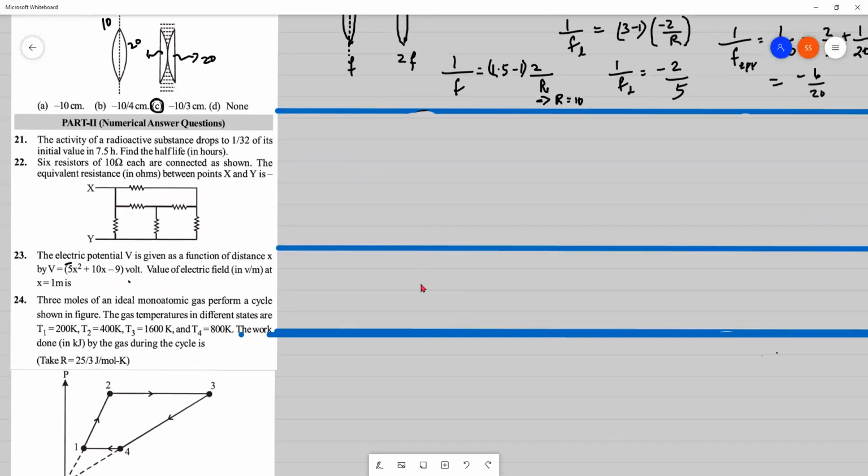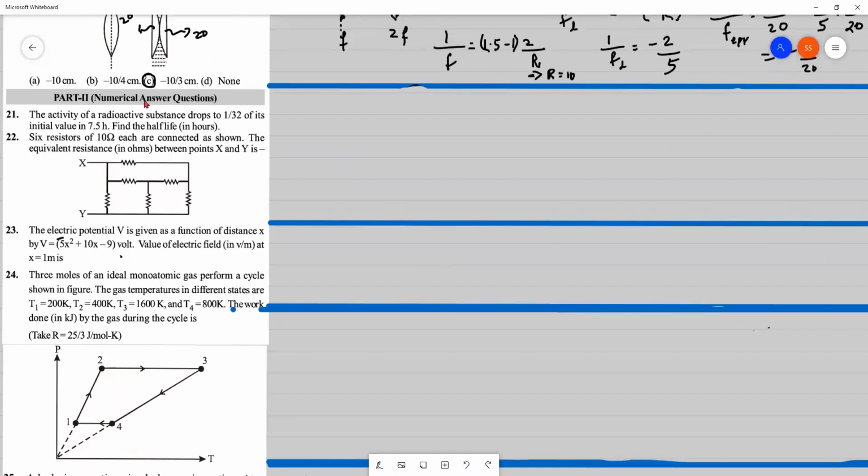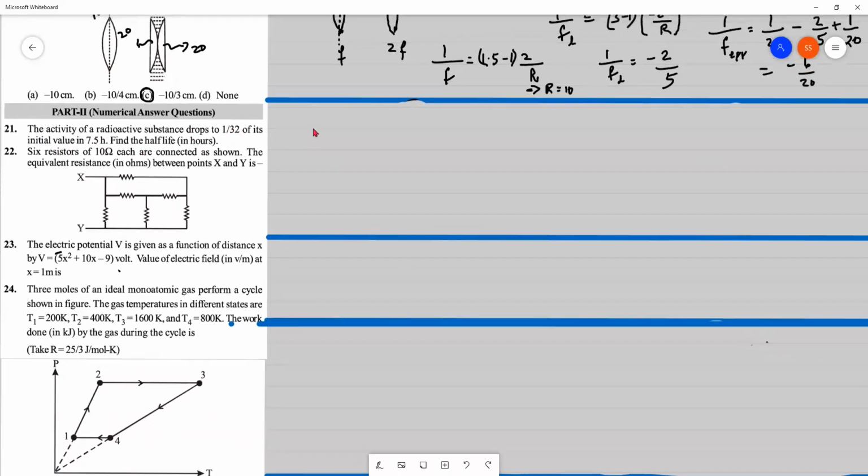The next one is the numerical type questions. The activity of a radioactive substance drops to 1 by 32 of its initial value in 7.5 hours. 1 by 32 is 1 by 2 power 5, which implies 5 half-lives.